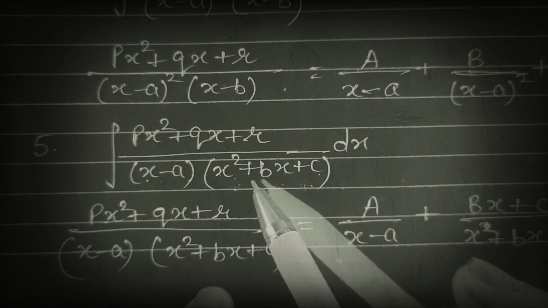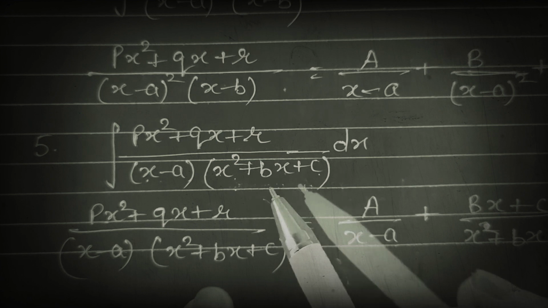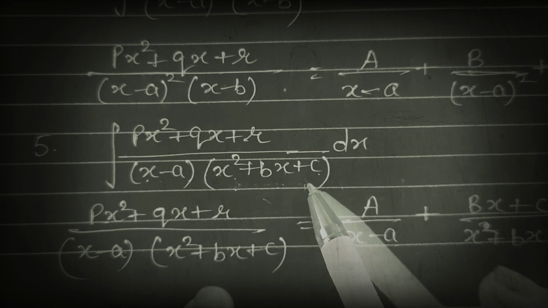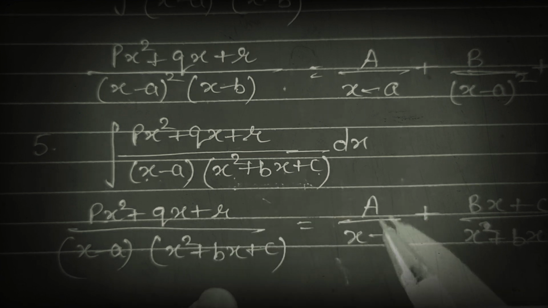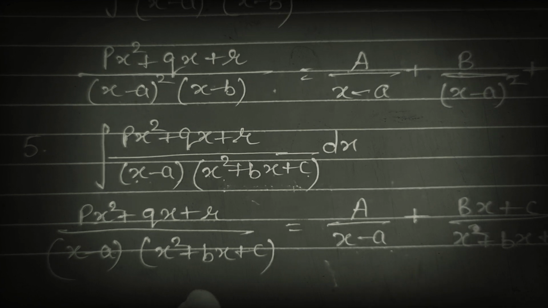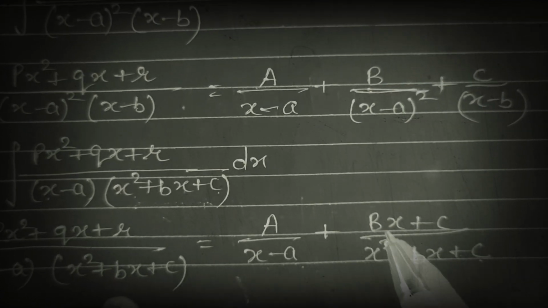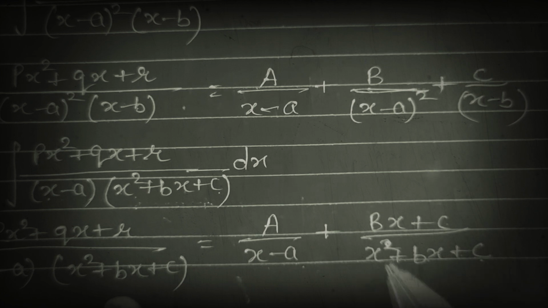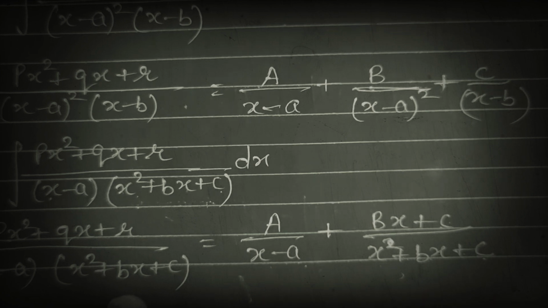So here this is quadratic. Clear? If its factors cannot be made, then we will write it as a upon x minus a plus bx plus c upon this quadratic. If a quadratic comes in the denominator, then what comes on top? bx plus c, linear form. Clear? So we will do this type of question.